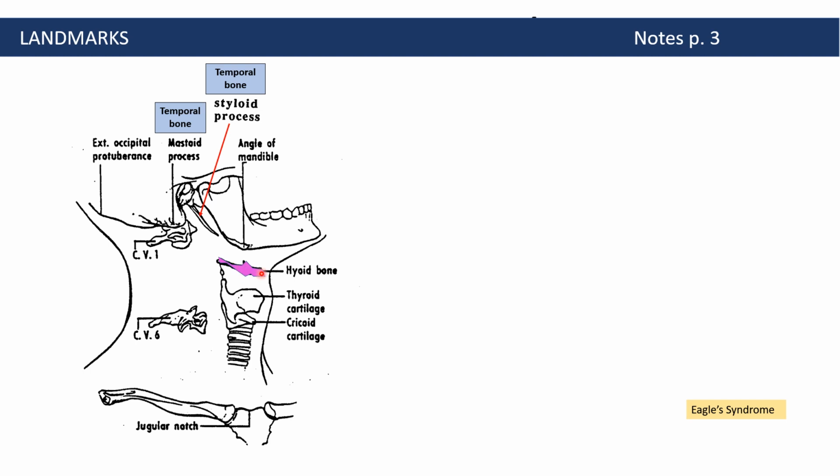Rather, the hyoid bone is held in place by the muscles that are acting on it and attaching to it both above and below the hyoid, such that it can move the hyoid bone up and down or protrude it and retract it as appropriate for speaking and for swallowing, and so the hyoid bone, again, is an important landmark. That bone is at the level of about C3.